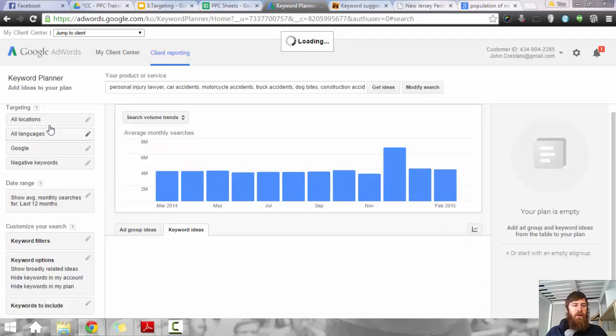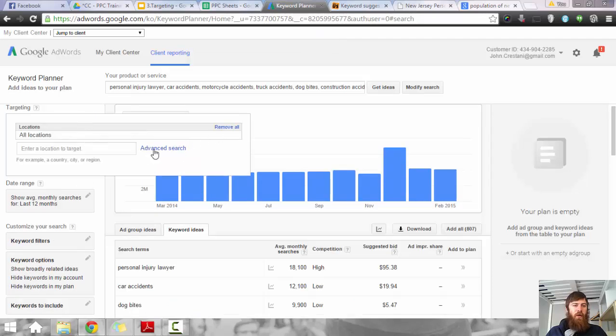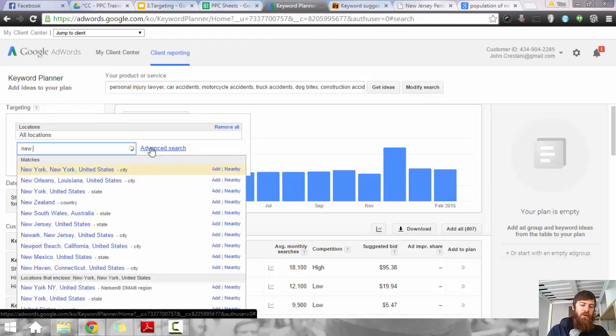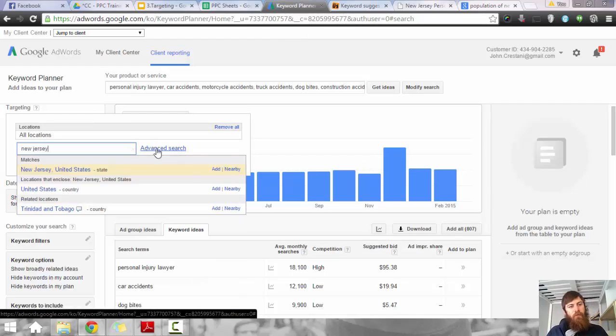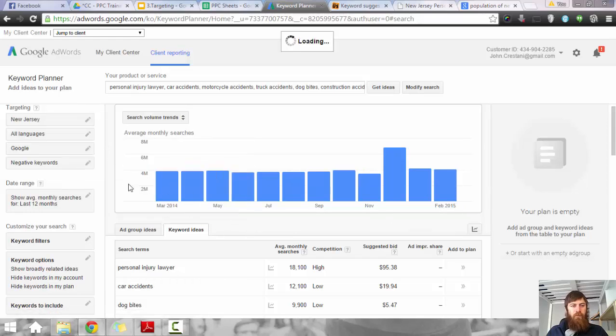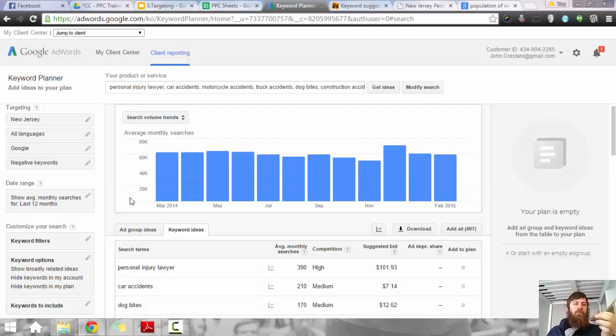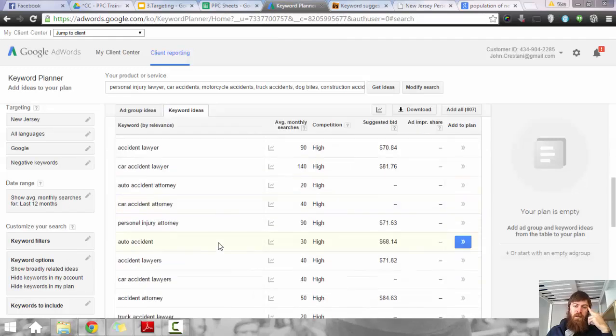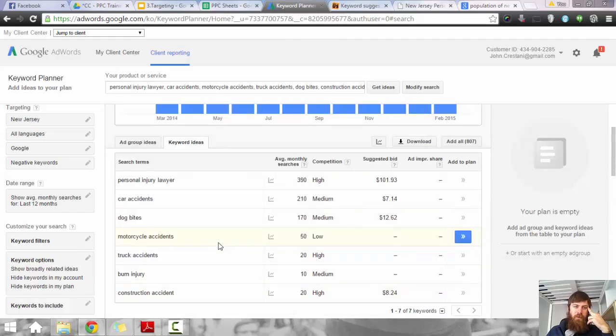Then we go to keyword ideas. We want to change this from all locations, and let's actually just select New Jersey. We're going to see a lot lower volume for just New Jersey.